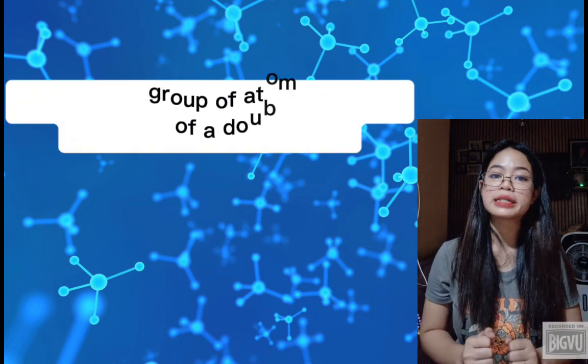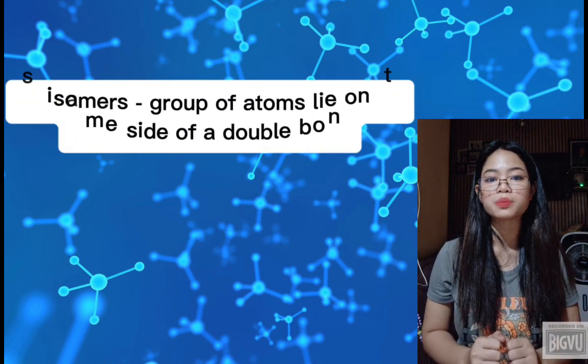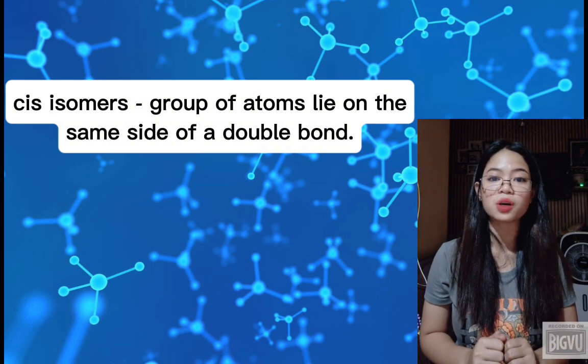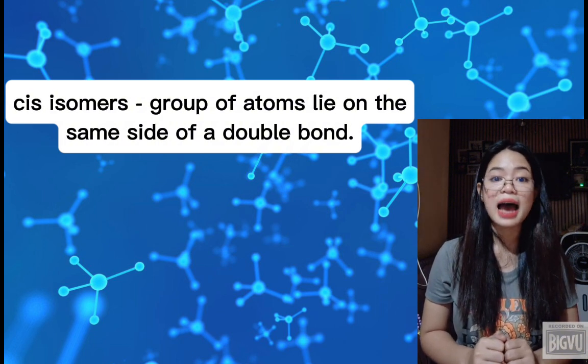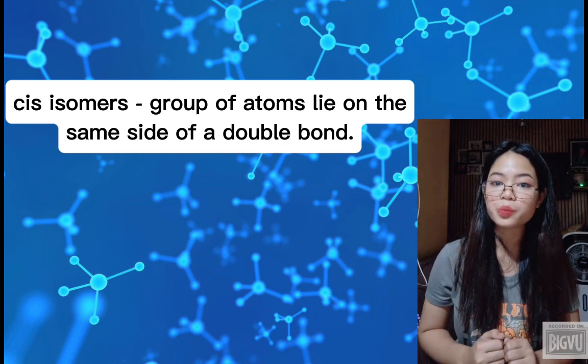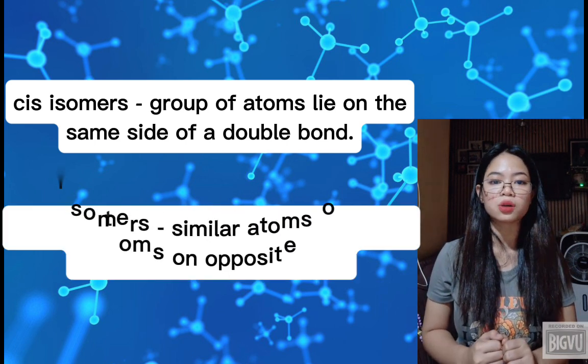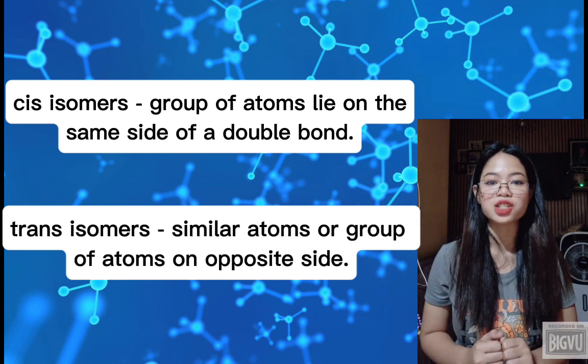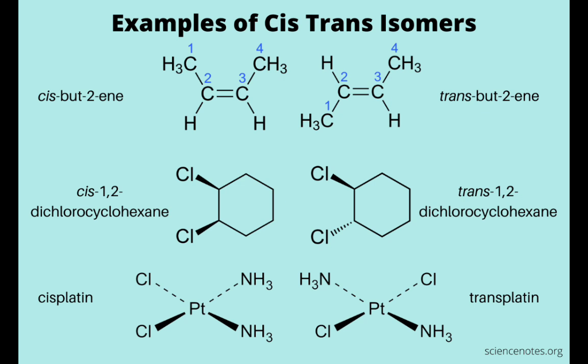The isomers in which 2 similar atoms or groups of atoms lie on the same side of a double bond are stated as cis isomers, whereas the isomers in which 2 similar atoms or groups are on opposite sides are stated as trans isomers. So these are the examples of cis and trans isomers or the geometric isomerism.